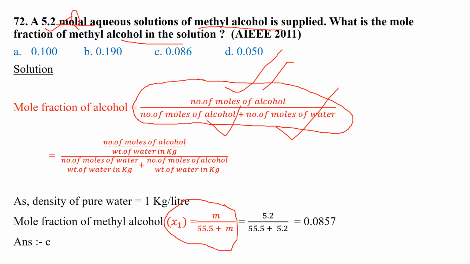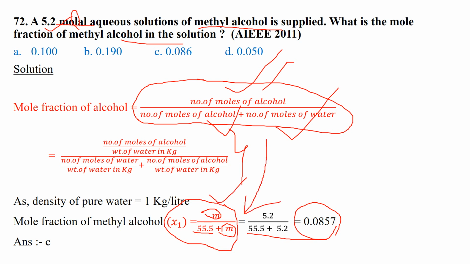We have already discussed this, and this formula is obtained by this process: x1 is equal to m by 55.5 plus m. m is the molality of the methyl alcohol. So the answer will be 0.0857. Just remember this formula, which shows the relationship between mole fraction and molality.